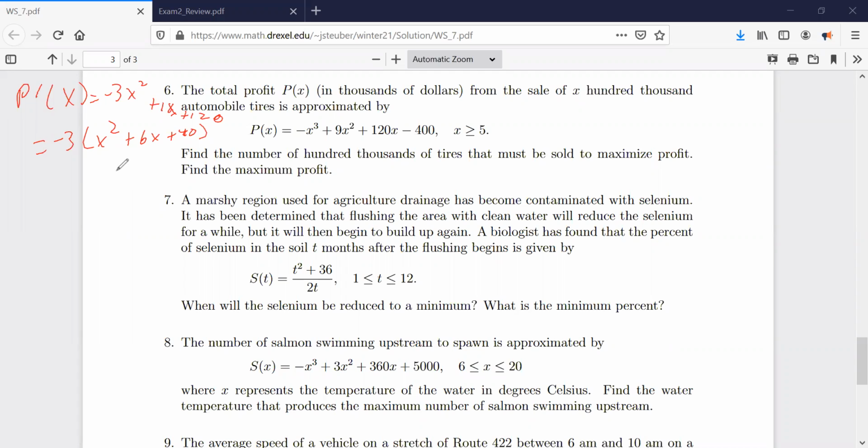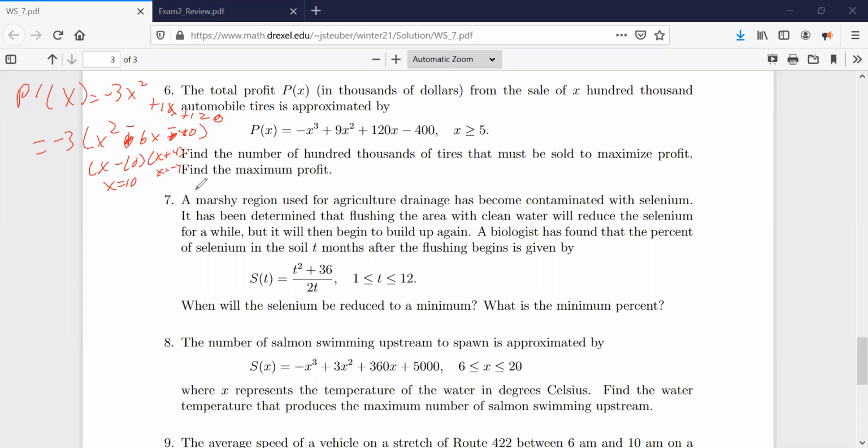Oh, sorry, these guys are both minuses. This is minus, and this is minus. So that factors into x minus 10 and x plus 4. So that's x is equal to 10 and x is equal to -4.